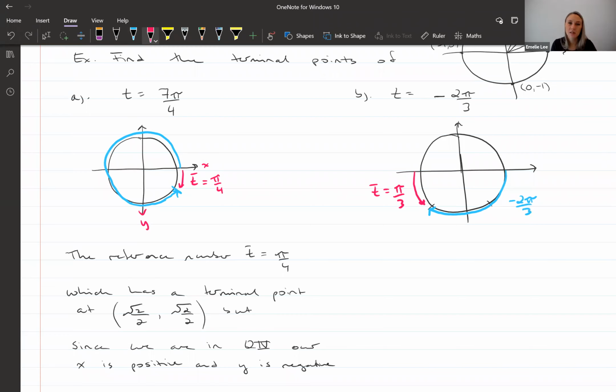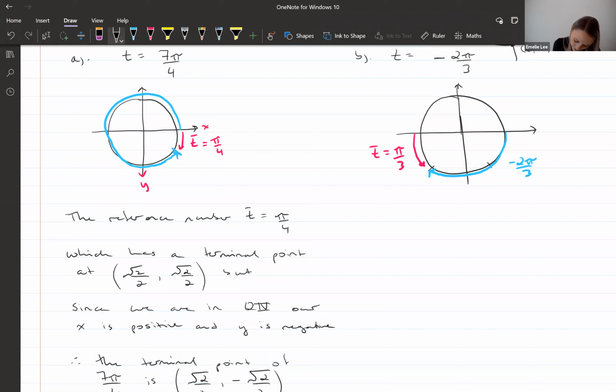We're missing a distance of pi over 3 to make that full pi. Our reference numbers are always positive, because they're just referring to where we are in the first quadrant. Okay.